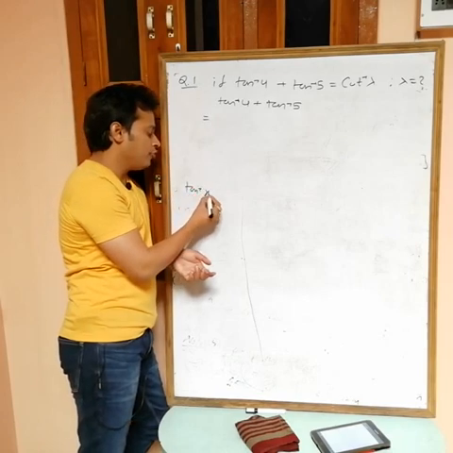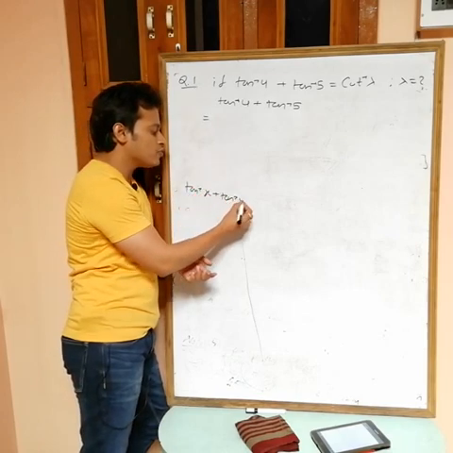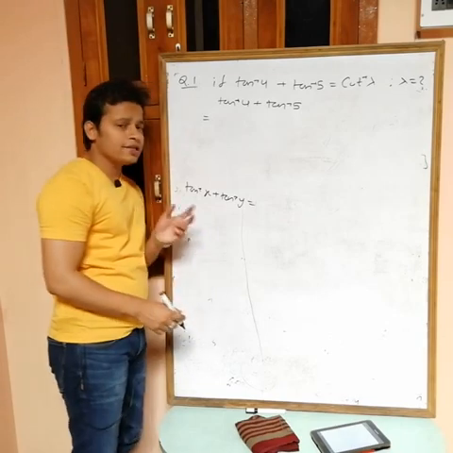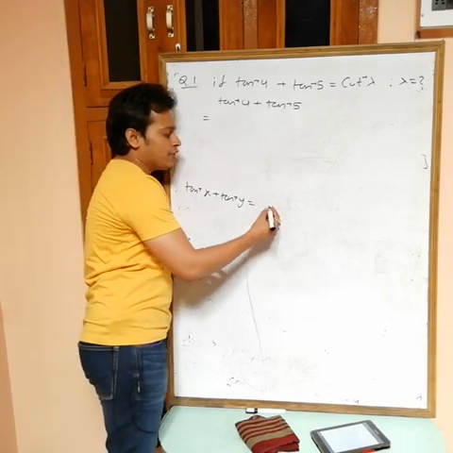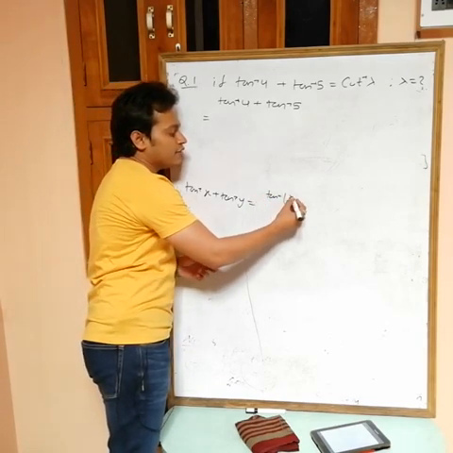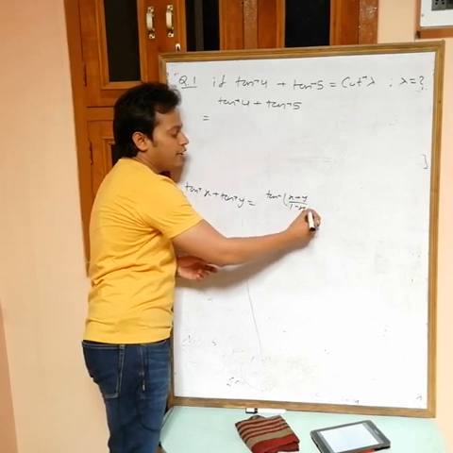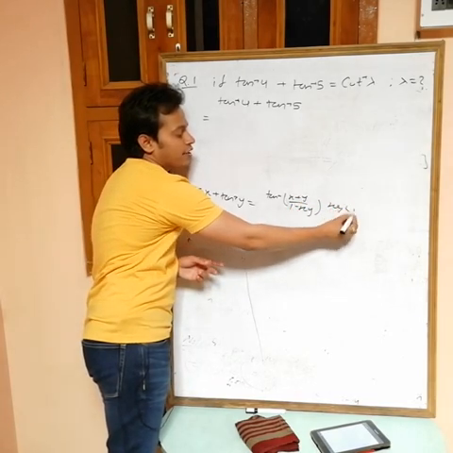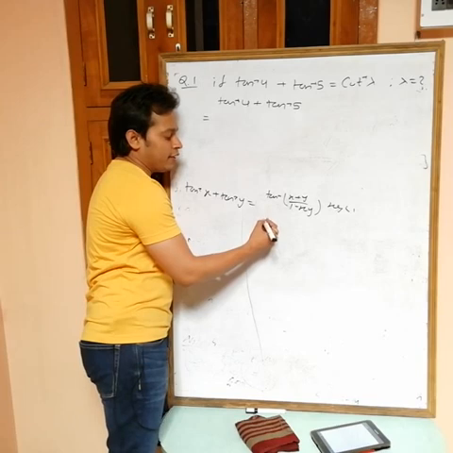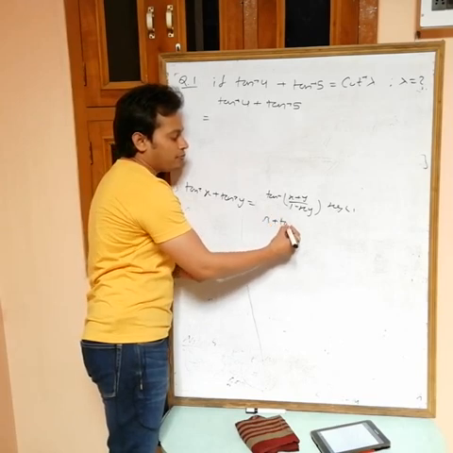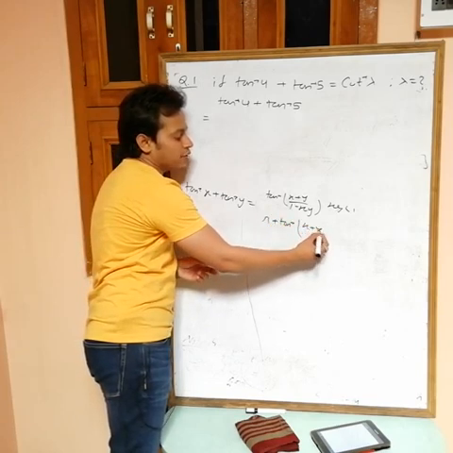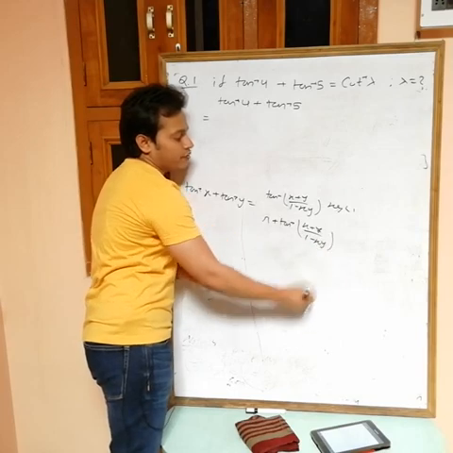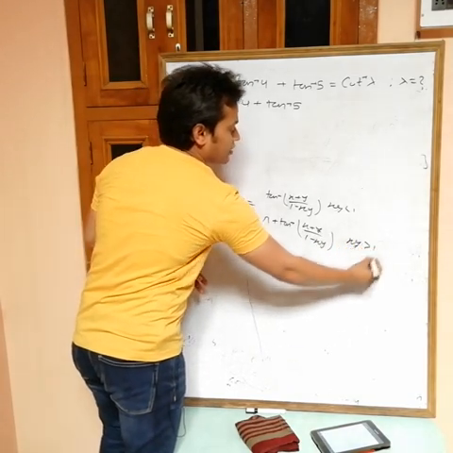So for tan inverse x plus tan inverse y, actually we have two formulas. First formula is tan inverse of (x plus y) by (1 minus xy) if xy is less than 1. And another formula is pi plus tan inverse of (x plus y) by (1 minus xy) if xy is greater than 1.